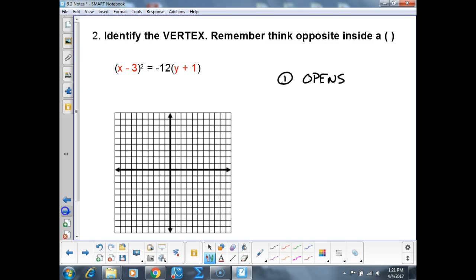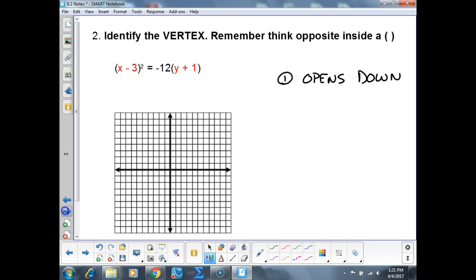Down. It opens down because the x was squared. So this is an opening down parabola. We keep that in mind. It's going to open down.